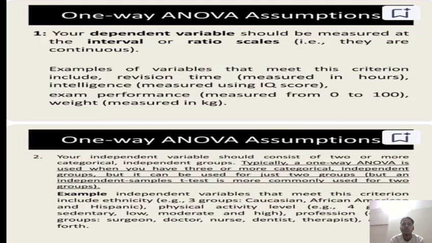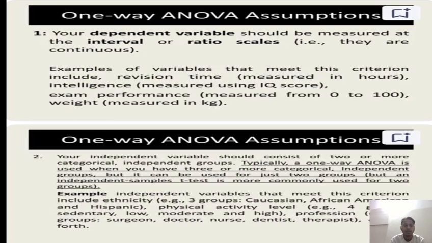One-way ANOVA assumptions. Your independent variable should consist of two or more categorical independent groups. Typically, a one-way ANOVA is used when you have three or more categorical independent groups, but it can be used for just two groups. But an independent samples t-test is more commonly used for two groups.